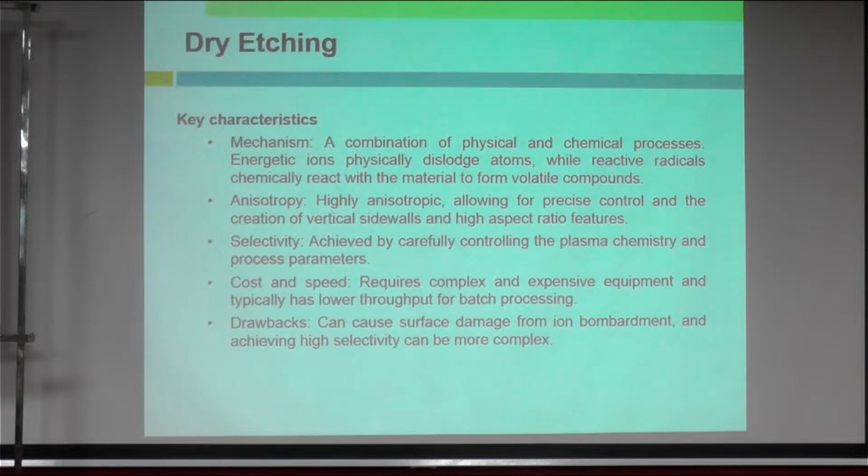So in comparison with wet etching, dry etching can form a high aspect ratio structure because dry etching is more directional. It can be directed to a certain direction so that you can remove the material according to the direction.